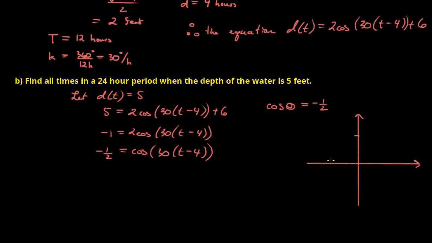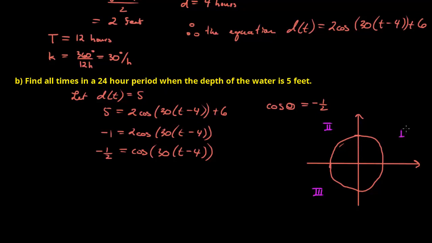Cosine is negative. Let me just try to sketch out a circle as well as I can here. Okay, good enough. Not really circular, but it'll do. Cosine is negative both in the second and the third quadrants here.